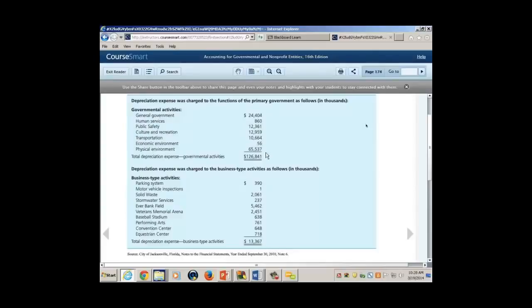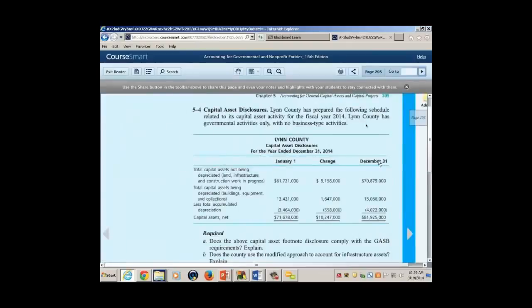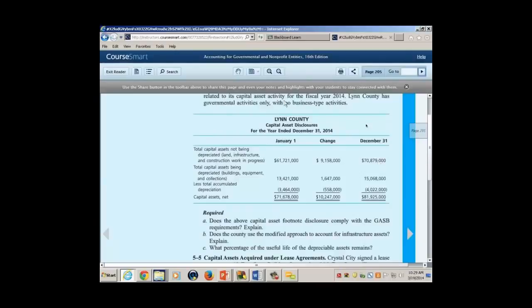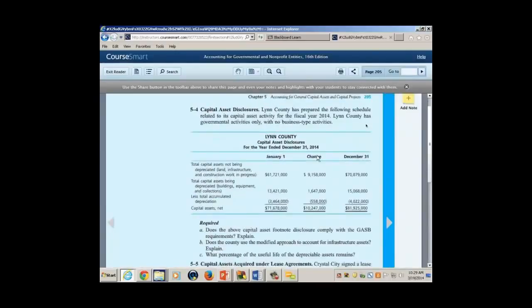All right, since you guys are so good at this, let's try to do another question. I want you to take a look at this and tell me what's wrong. Page 205. Just take a few minutes.